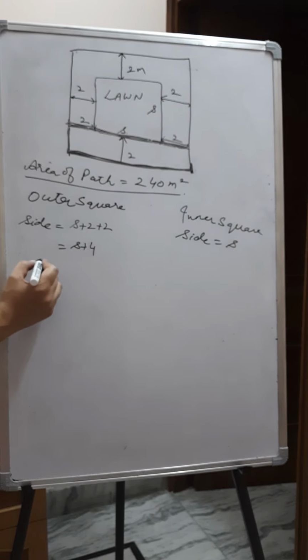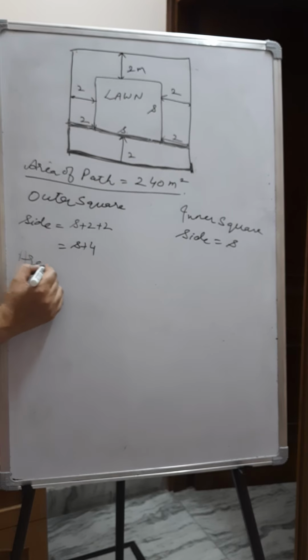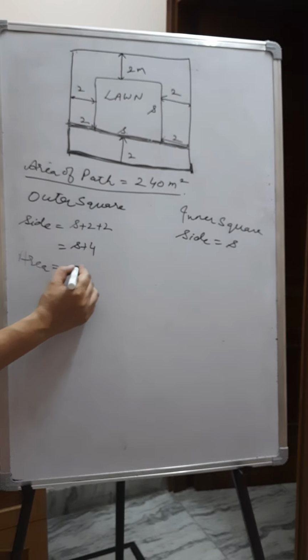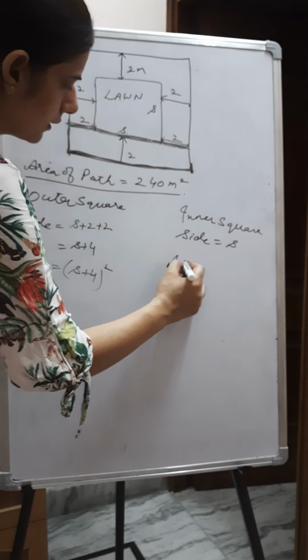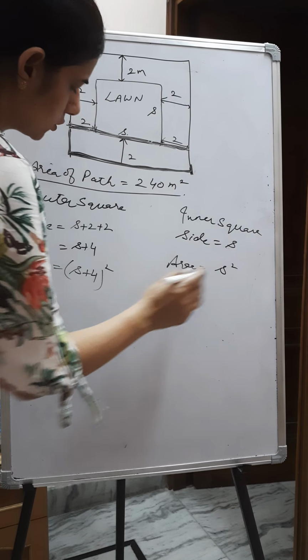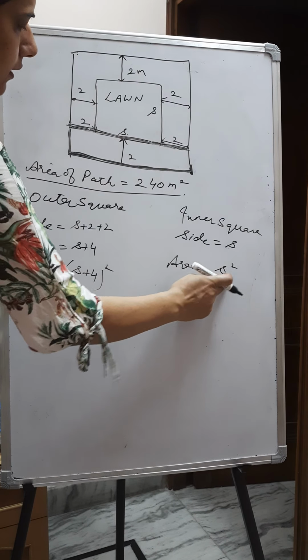Now area of path is 240. Sorry, we require area also. Area of outer square is s plus 4 whole square, and the area of inner square is s square.